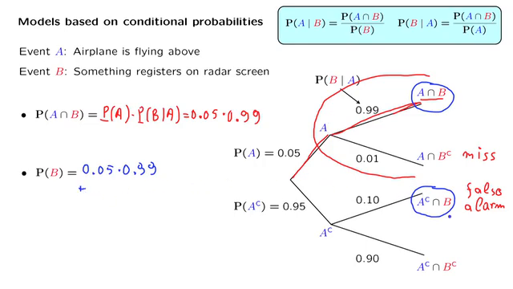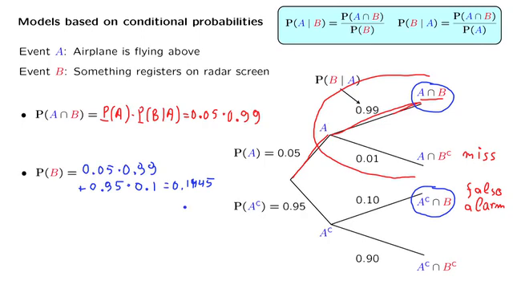The probability that this occurs is equal to 0.95 times the conditional probability of B occurring under the scenario where A complement has occurred, and this is 0.1. If we add those two numbers together, the answer turns out to be 0.1445.